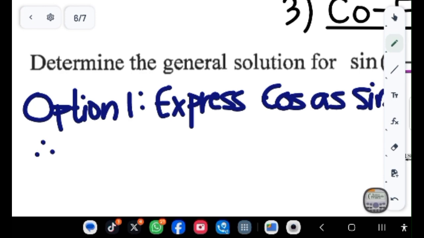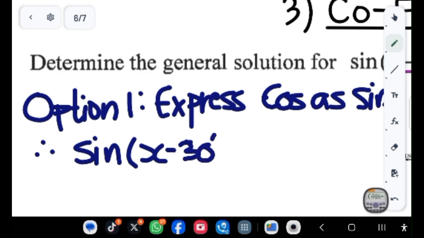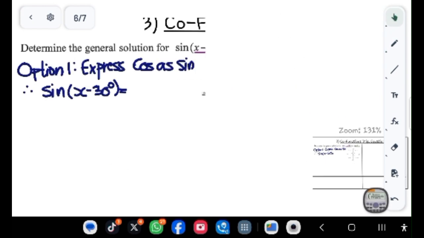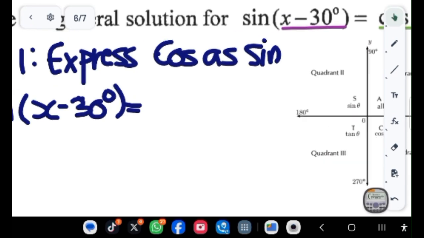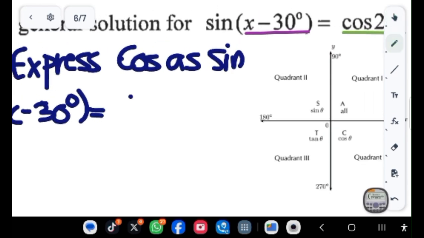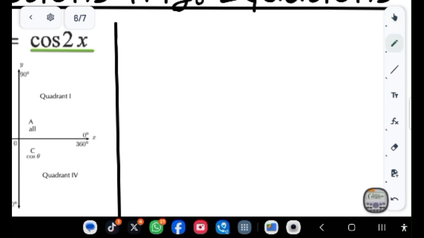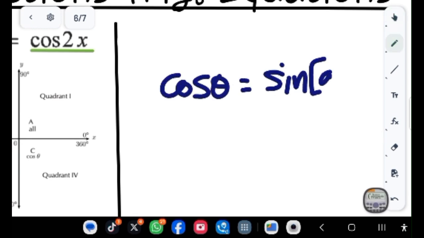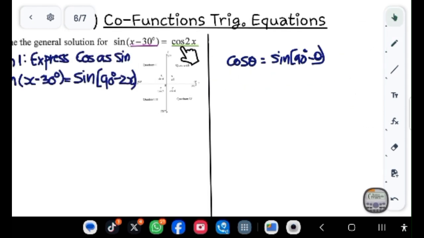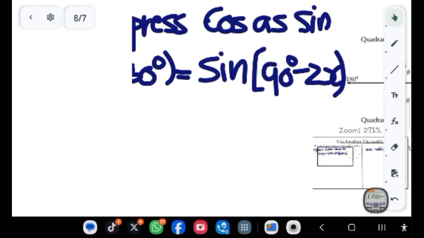So the left hand side remains exactly the same. What changes is, instead of cos of 2x, we'll have the sine of 90 degrees minus 2x. Co-functions, right? Remember, cos of theta equals the sine of 90 degrees minus that theta. So we treated 2x as theta.